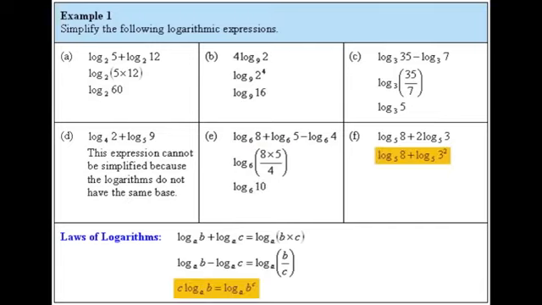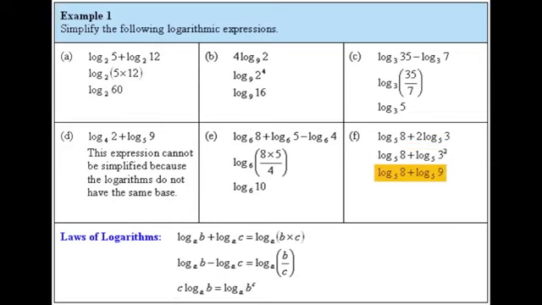Now question F, which reads log base 5 of 8 plus 2 log base 5 of 3, requires us to use 2 laws of logarithms. I am, however, just going to use the third law in my first step. The 2 log base 5 of 3 can be expressed as log base 5 of 3 squared.